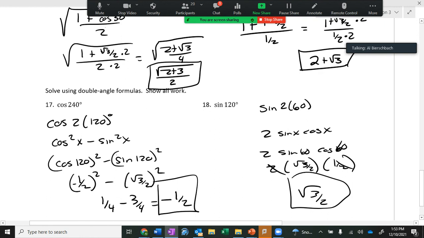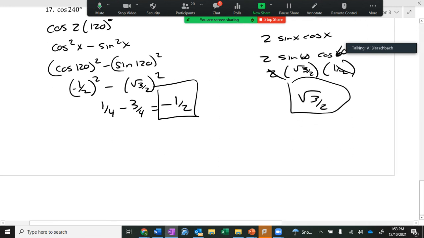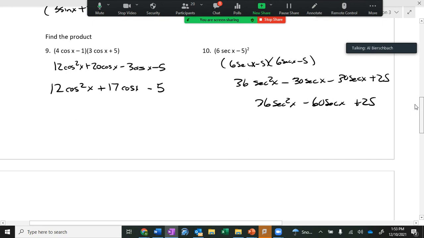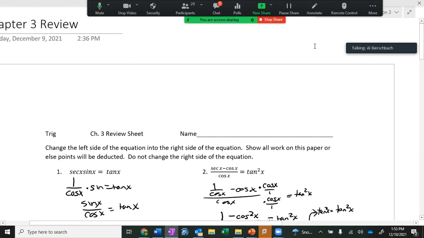Okay, so on Monday, you are going to hand in your semester projects. They were supposed to be due today. We didn't have school, so now you have the weekend to finish them off. I want them handed in at the start of class, not at the end of class. So then while you're taking your tests, I can grade your semester projects.